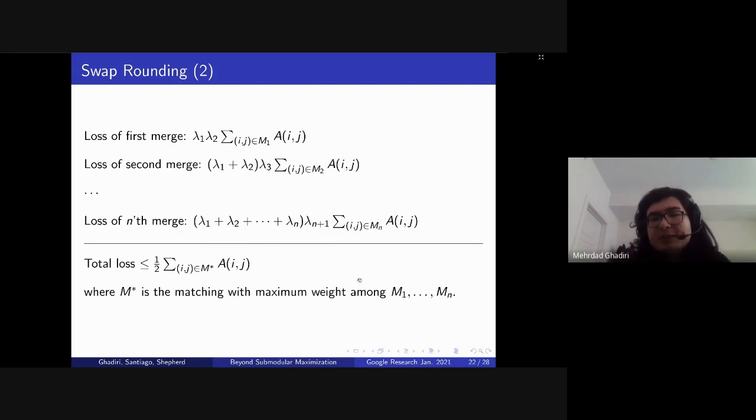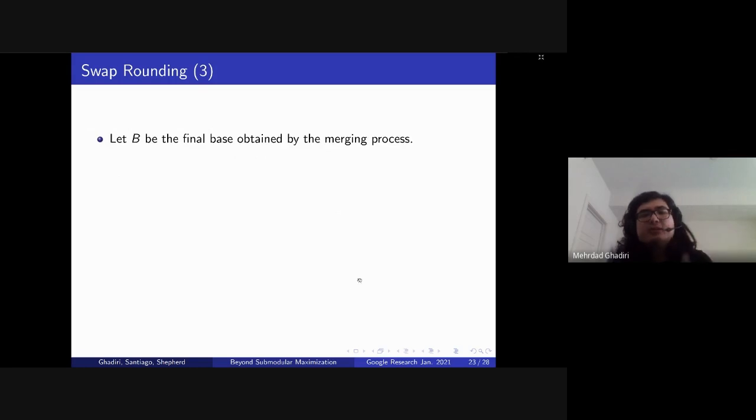Then we can show, because this is a convex combination, the sum of lambda 1 to lambda n is equal to 1, that the total loss is less than a half times the sum of the weights for this maximum matching. And then the algorithm is this.